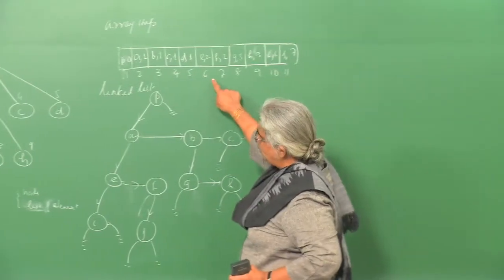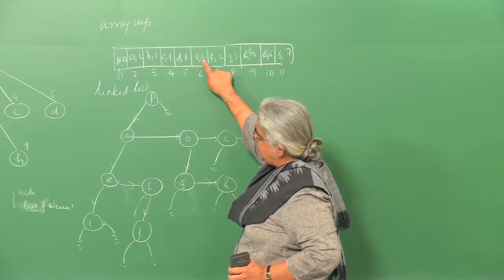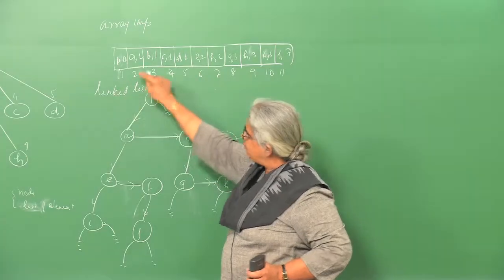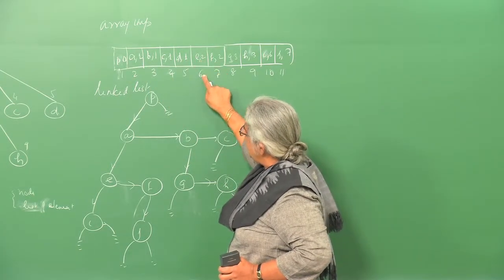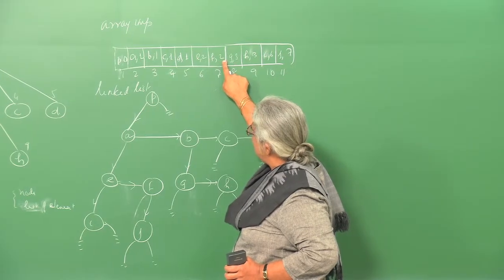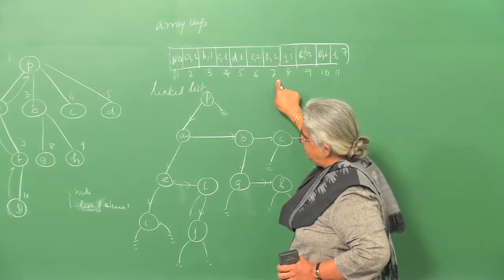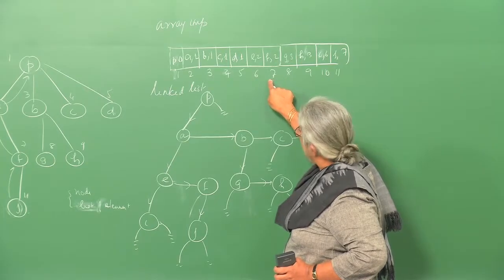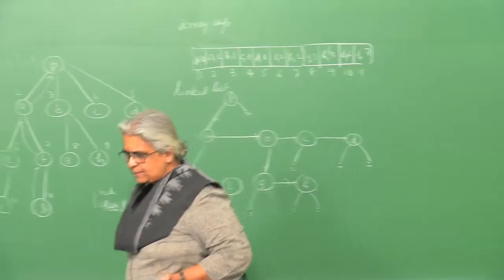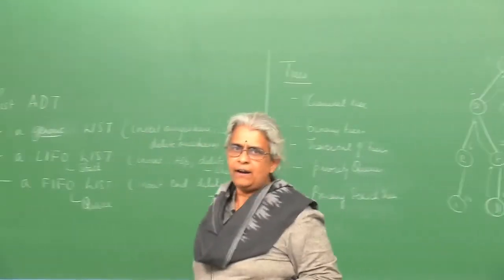When I come to E, what do I do? I keep the index of its parent, which is 2, because A is the parent of E, therefore, I store E and 2 over here. Similarly, for F I store F and 2 over here, because for F the parent is again A. So, you repeat like this and you can use the array representation for any general tree.